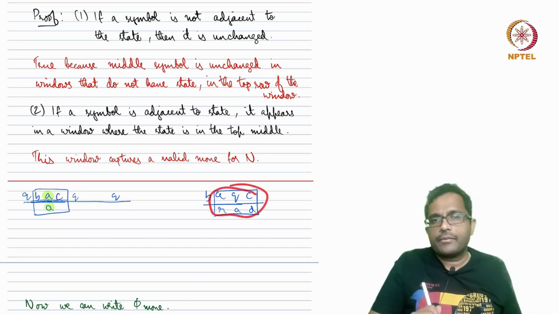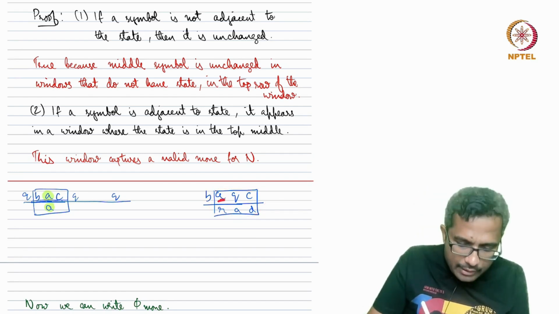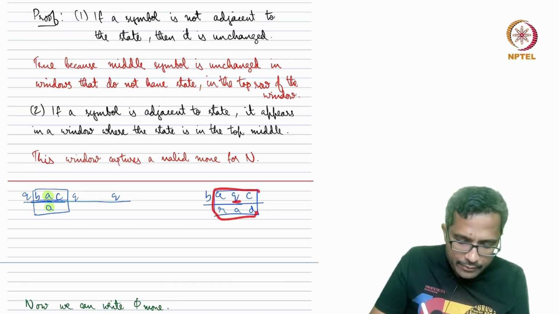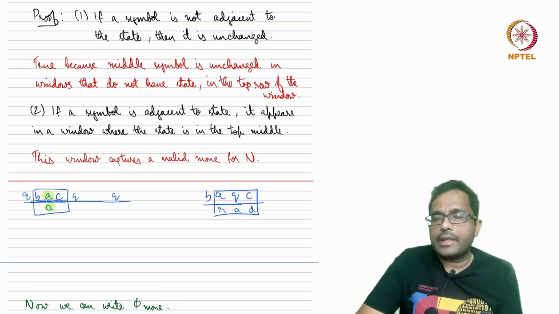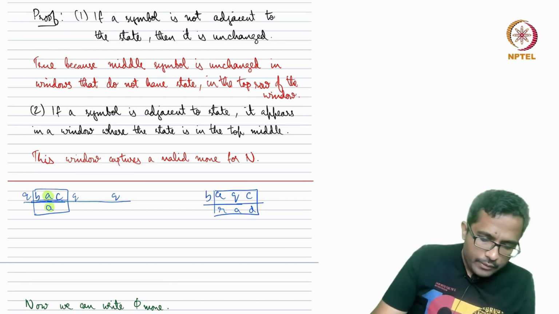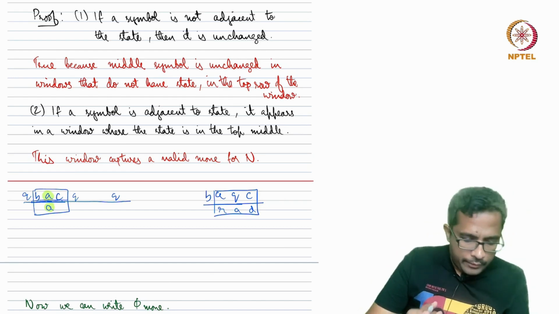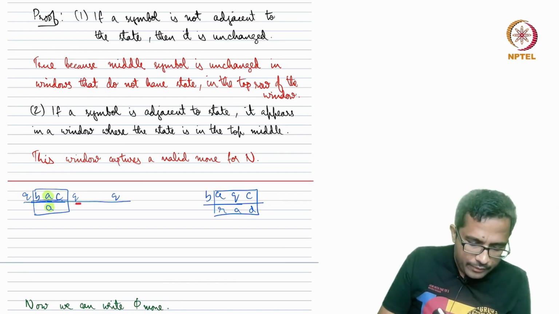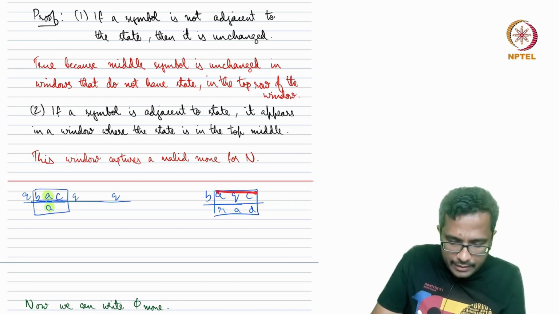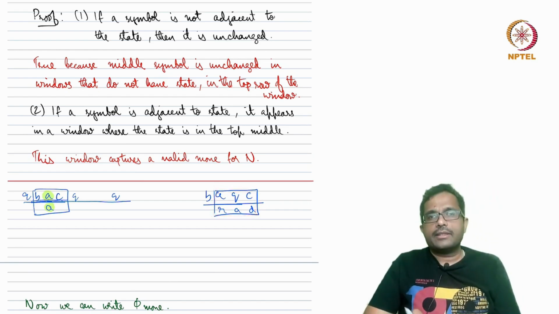So if a symbol is adjacent to the state, that symbol will feature in the window where the state is in the top middle, and that window captures completely what changes happen. So that window will capture everything, and so that is also fine. So if the symbol is not adjacent to the state, then it is unchanged, and if a symbol is adjacent to the state, it features in this kind of window where the state is in the top middle, and that captures all the changes.